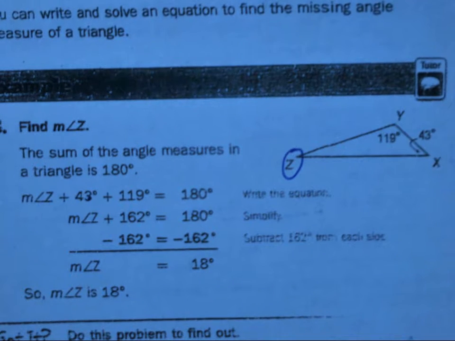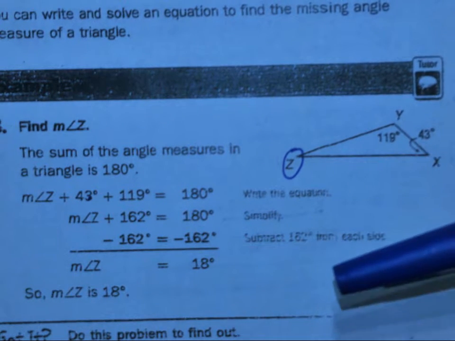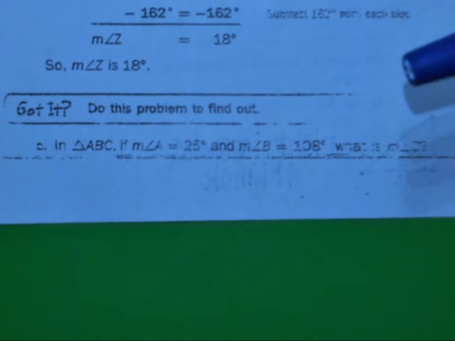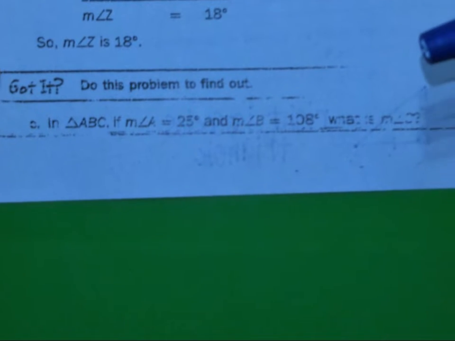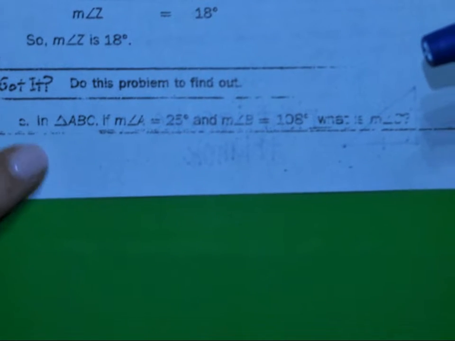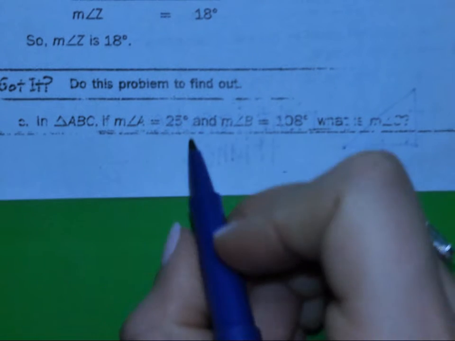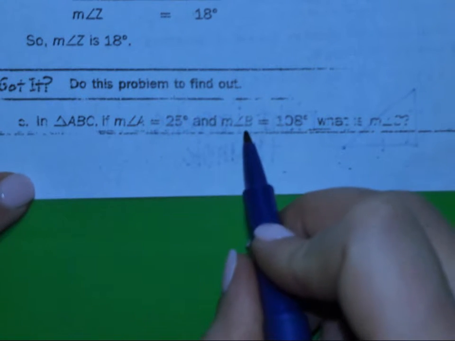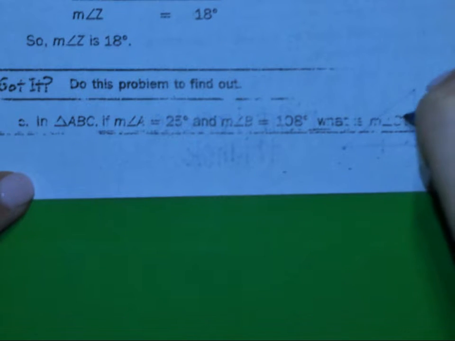Any questions on that? We good? All right. C down here, it's kind of hard to read. It was printed kind of funky. It says in triangle ABC, if measure of angle A is 25 degrees and measure of angle B is 108 degrees, what is the measure of angle C?